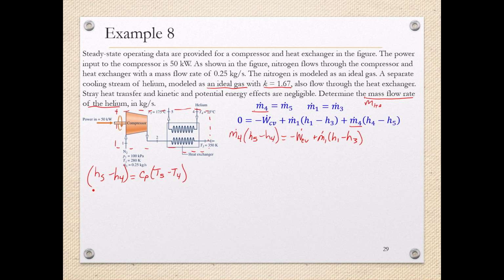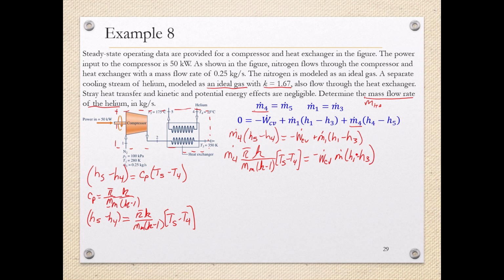And by definition, cp is, using the universal gas constant, R times k over k minus 1. So if I stick that in there, I get h5 minus h4 is equal to R, k, molar mass, k minus 1, times T5 minus T4. I'm going to stick that into here.